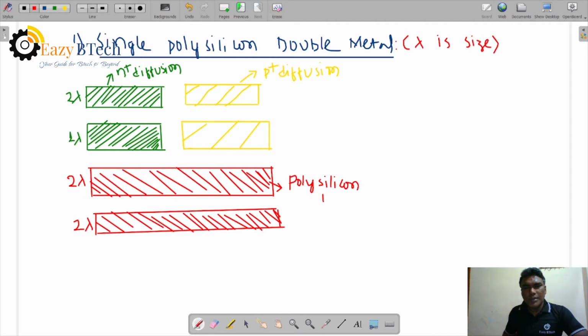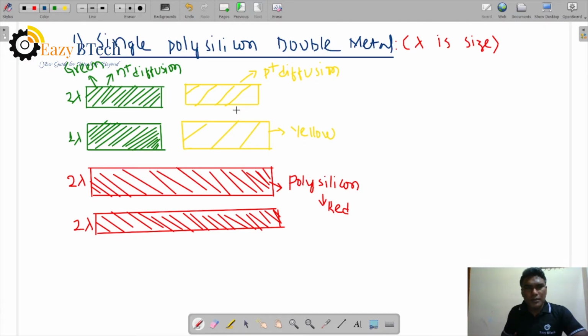You see, this is a red color, this is a yellow color, and this one is a green color. N diffusion is green color, as we discussed in stick diagrams. P diffusion is yellow color, and polysilicon is backward slashes with red color representation.